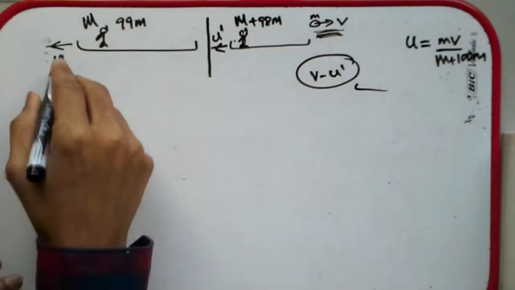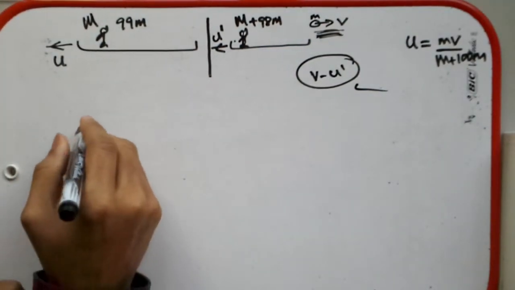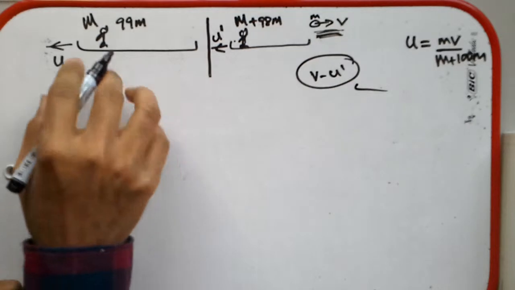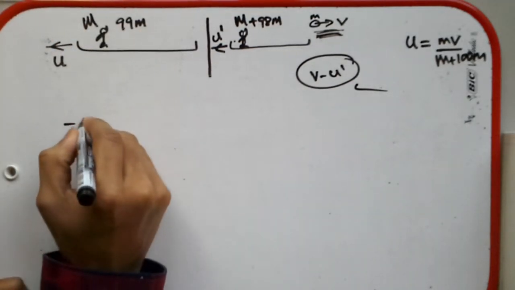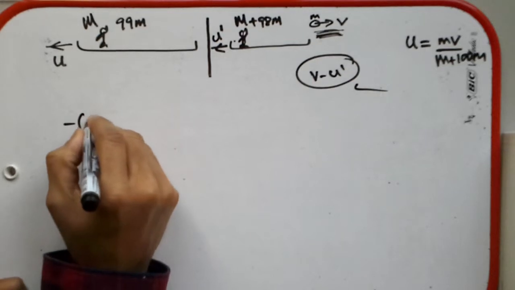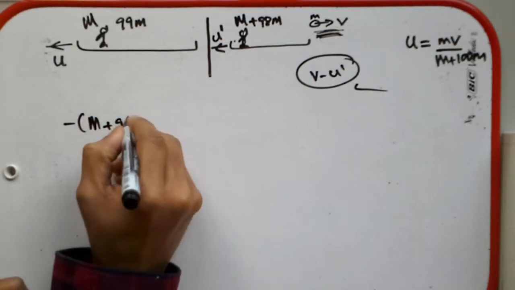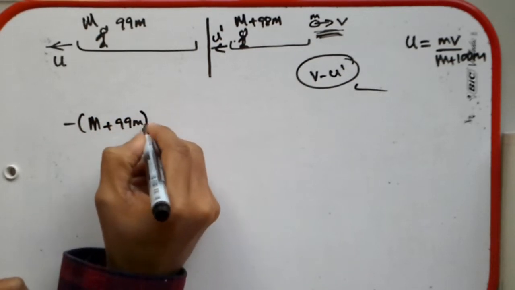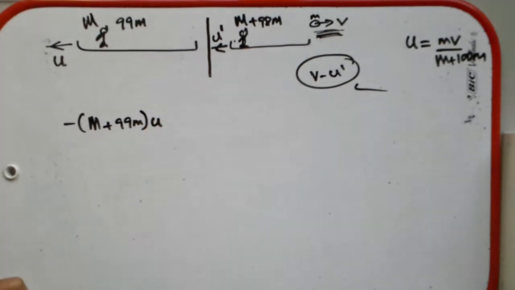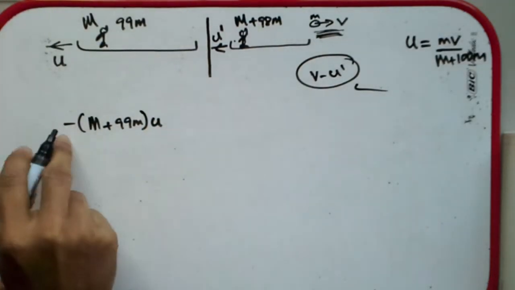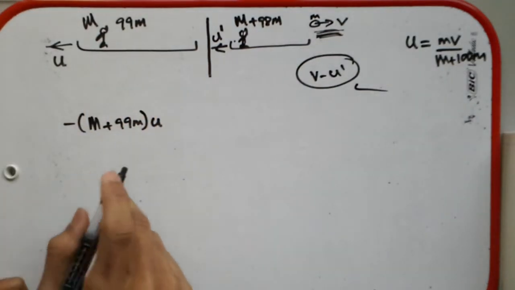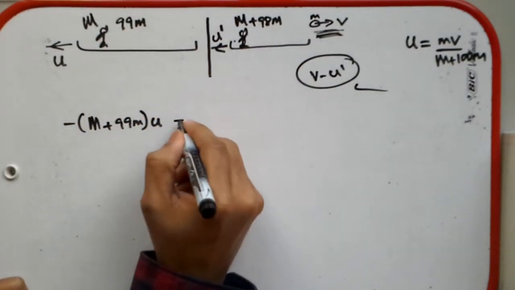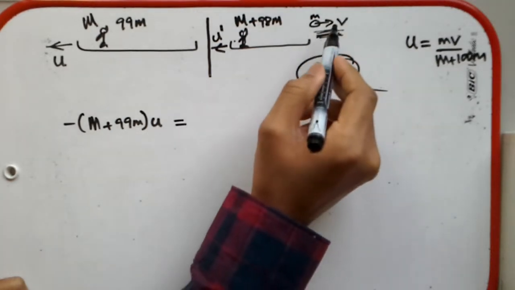But this time, what is the initial momentum of the system? The system is already in motion. So the initial momentum is M plus 99 small m, moving with velocity u. I put a minus sign because this is actually moving in the opposite direction, which is equal to the final momentum.